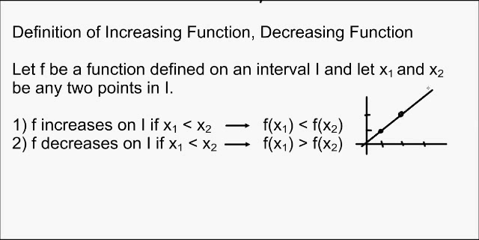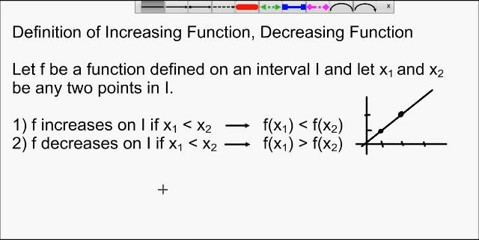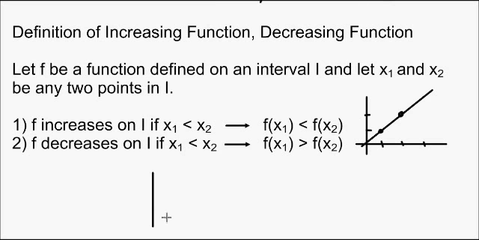That's why it's climbing. Okay, you have a decreasing function on I if x sub 1 is less than x sub 2, but f of x sub 1 is bigger than f of x sub 2. So this would be our graph.